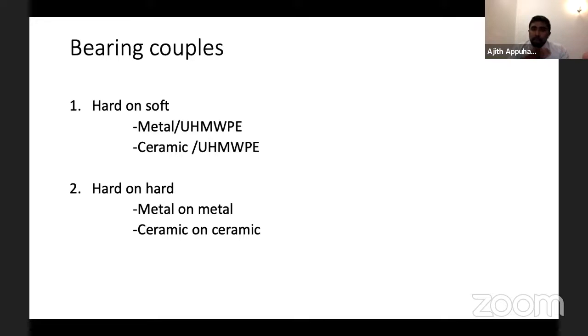But when you talk about hard on soft, the volume of wear produced is nearly linear over time, not like hard on hard.